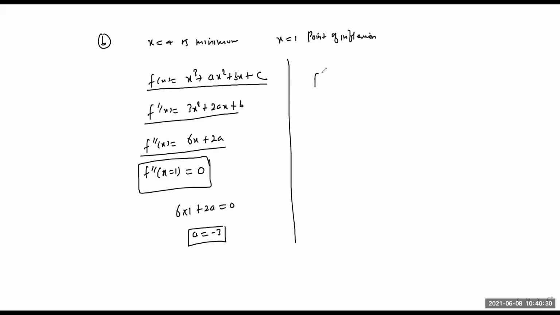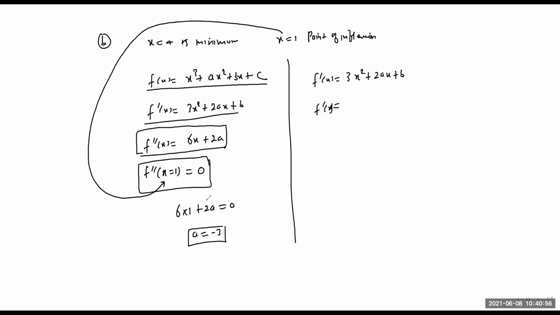We have f'(x) = 3x² + 2ax + b. So we took f''(1) as 0 because 1 was the point of inflection. That's why. Yeah, right, correct. This is the reason we have to do that.